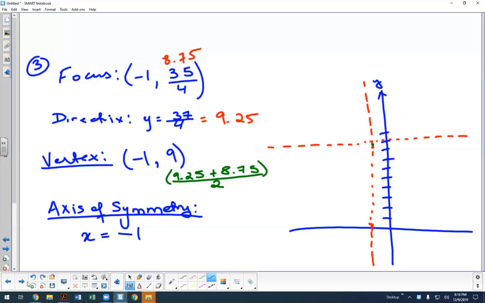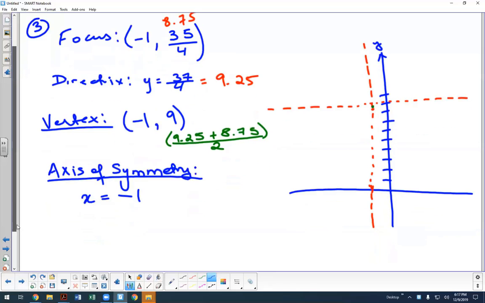I believe they also asked us to find the x and y intercepts. If you're going to find the x and y intercepts, what do we need? Even if we did a table, we would still need something to help us. The equation. You would need the equation.